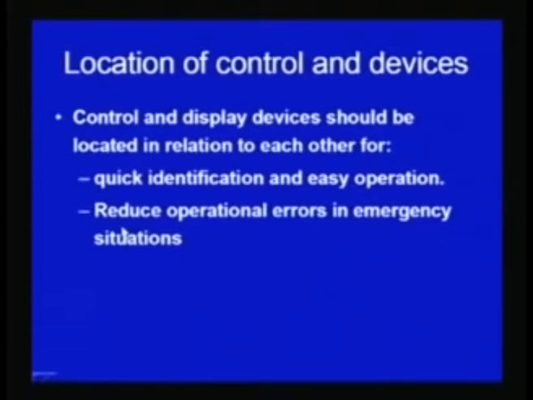At the same time, to reduce operational error in emergency situations, it is necessary that the operator gets a response through the display devices when a control device is adjusted. Display devices give the status or the kind of change taking place with the change of control through the control devices.